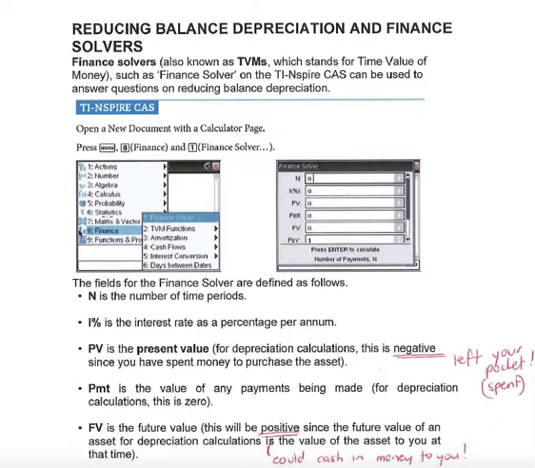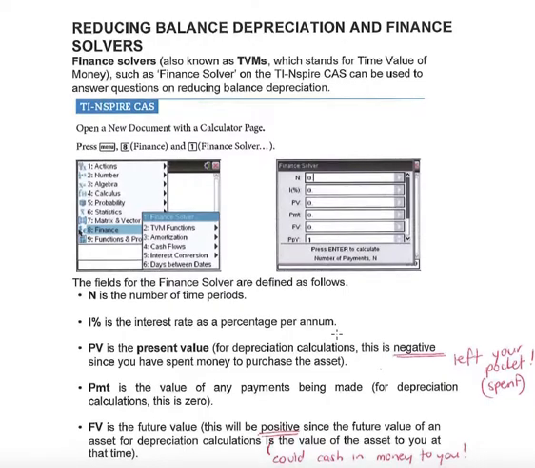And you can see here as you go down, the finance solver has those values there: the number of years, the actual interest rate, the present value, PV, the payment, so any payments that are made, and the future value, or FV, being here. So you can sort of see the fields that you'll need to enter to find your answer.